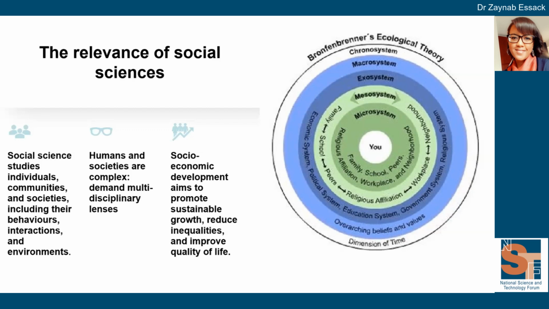Because humans and societies and systems are complex, we need multidisciplinary lenses when we do social science work. And if you come into any corridor at any office in the HSRC, you'll find psychologists like myself, geographers, sociologists, data statisticians, medical doctors, nurses, and this is because the social science demands a multidisciplinary analysis.